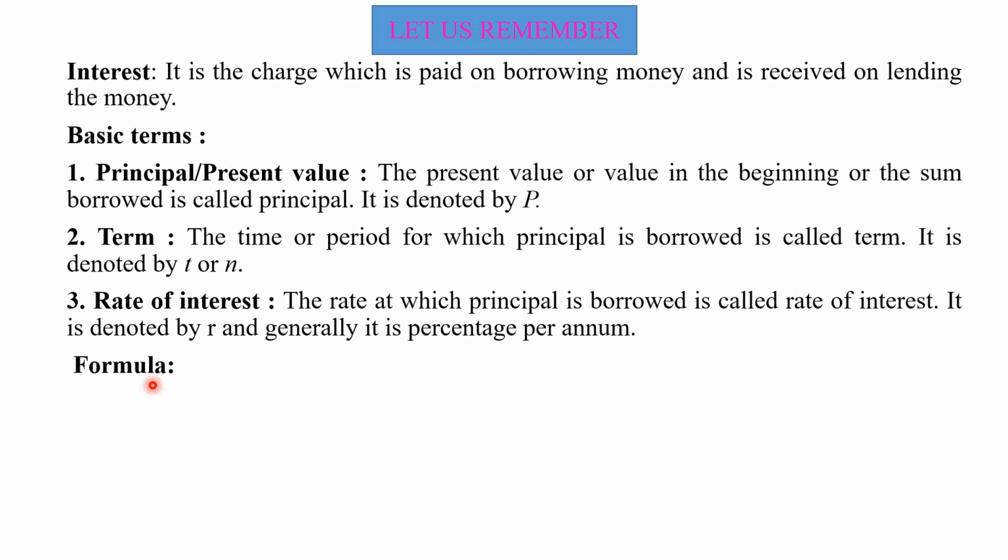The formula for simple interest is I is equal to P into R into N divided by 100, and the formula for amount is A is equal to P into bracket 1 plus R into N divided by 100.